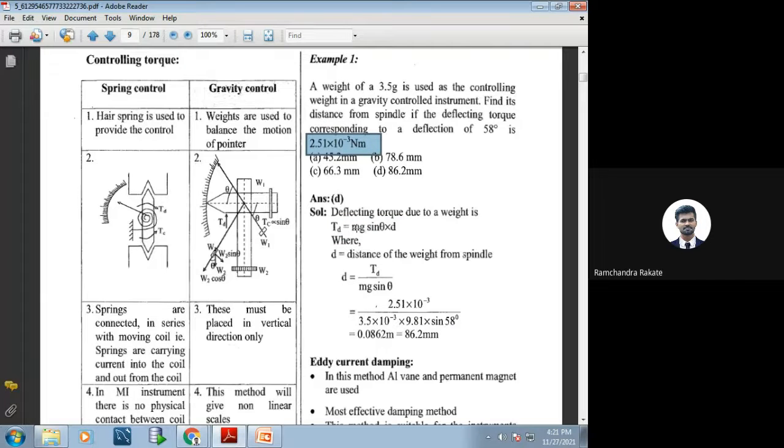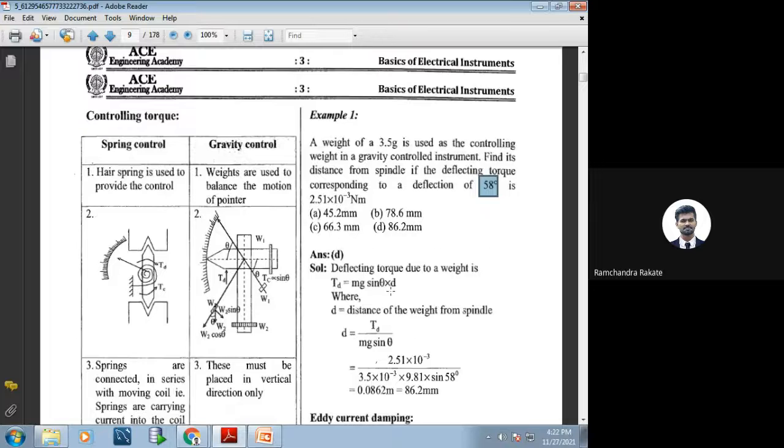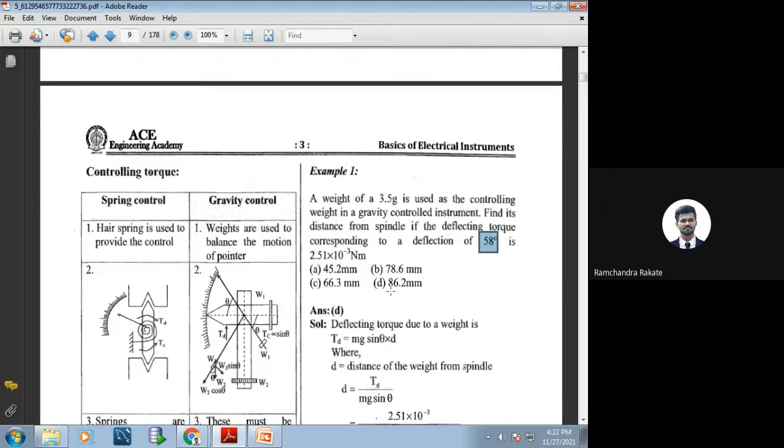What do we require? The mass, which is given as 3.5 gram, and we will convert it to kg. Gravity we know is 9.81, and the deflection is already given for sin θ. So just put in the values and let me know the value of the distance in mm.